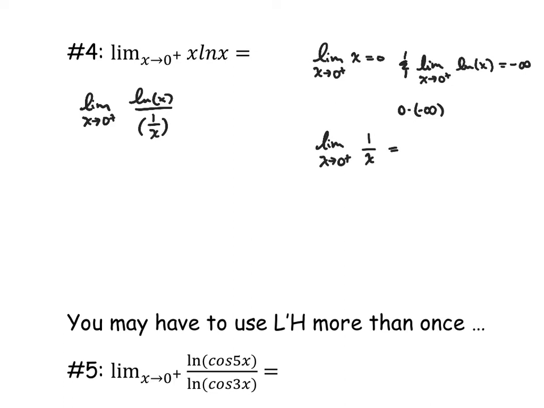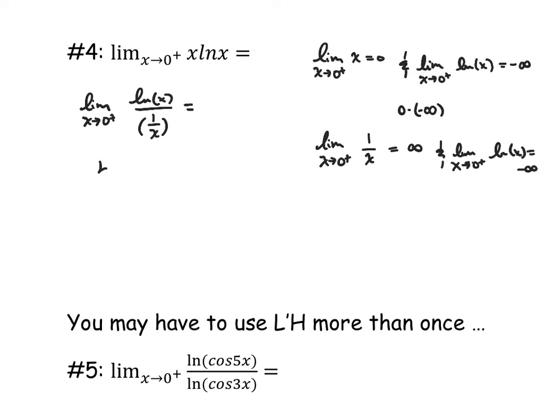That would equal 1 over 0, which would be infinity. And of course, I already looked at the other limit as x approaches 0 from the right of ln of x equals negative infinity. So I'd have a negative infinity over infinity, which is now in a L'Hopital's form.